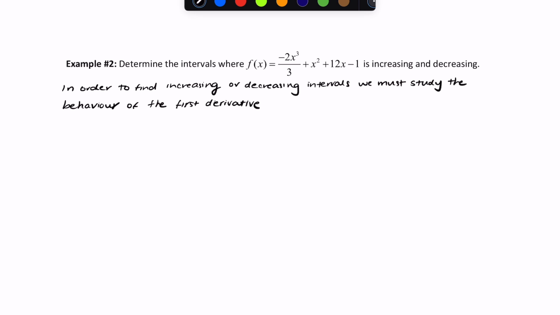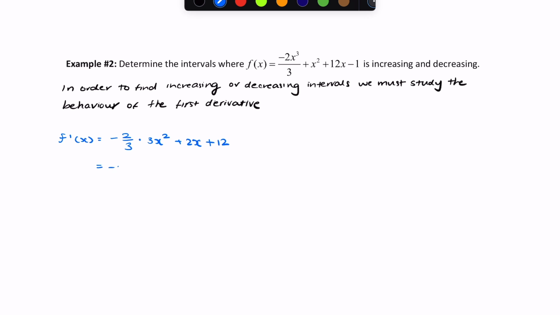So here, the first thing we want to do is find the derivative of this function. So f prime of x is equal to negative 2 over 3 times 3x squared, plus 2x plus 12. Here we can simplify that.